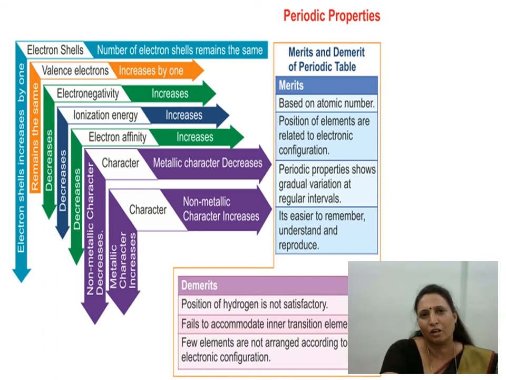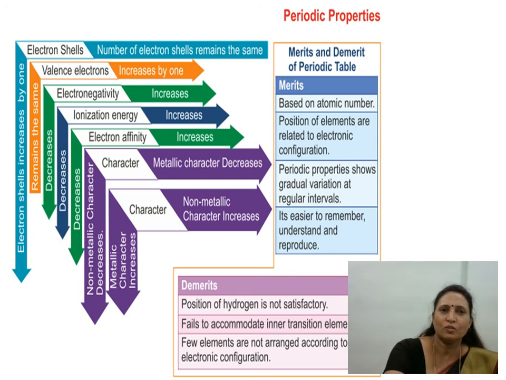The demerits of the periodic table include that the position of hydrogen is not satisfactory, and it fails to accommodate the inner transition elements, that is f block elements. Hence for study we mentally place the f block elements at the bottom of the periodic table. So these are the merits and demerits of the periodic table, and the periodic properties are explained well here.